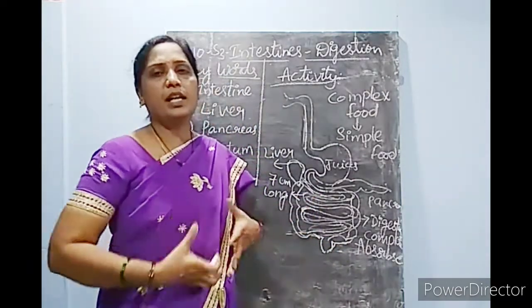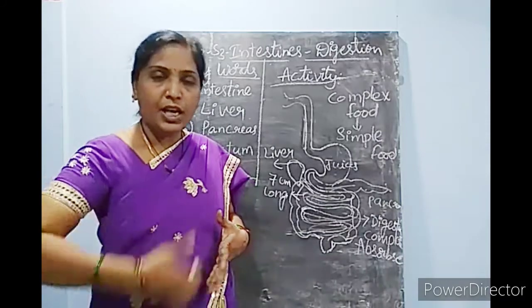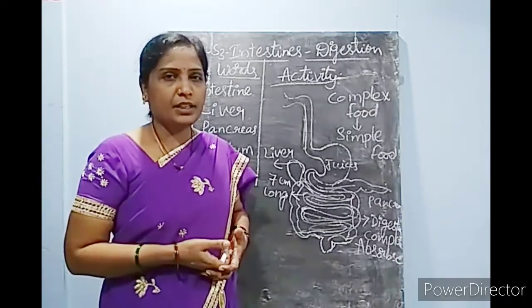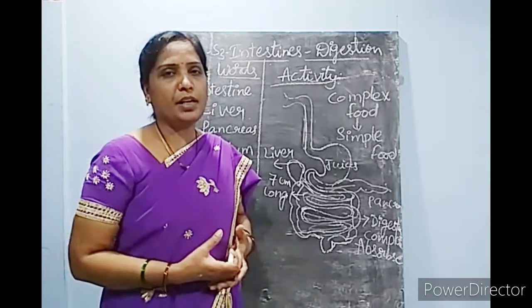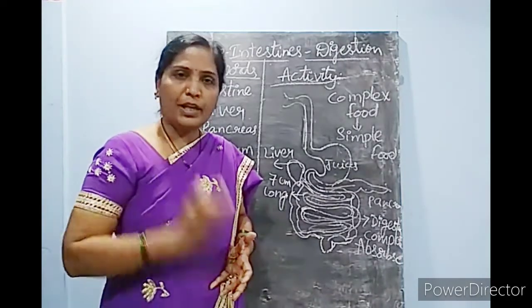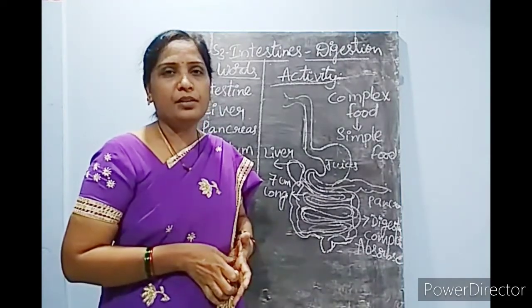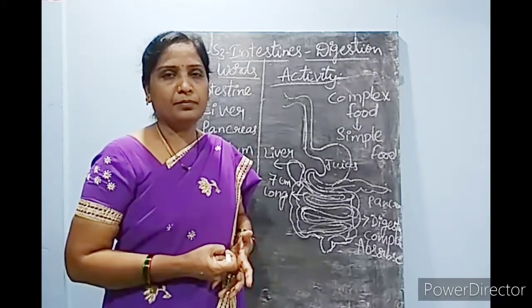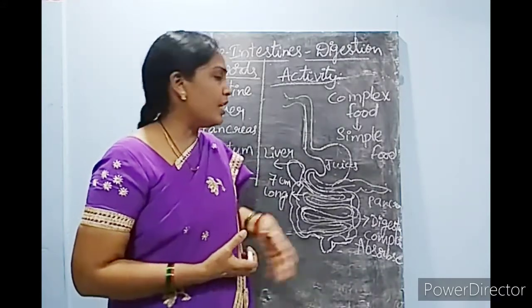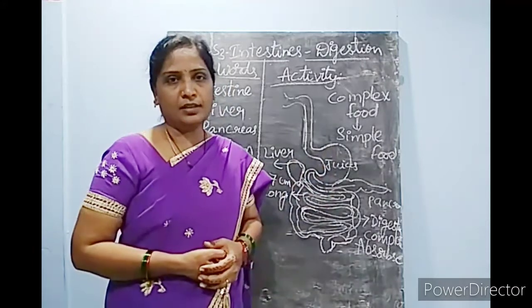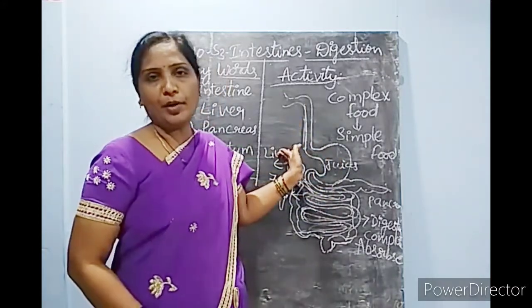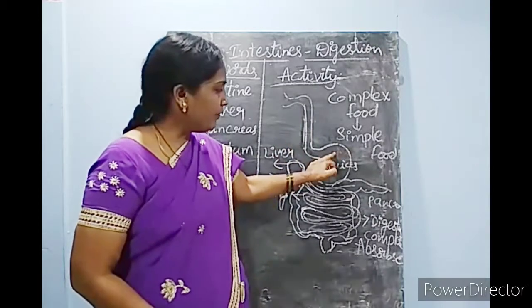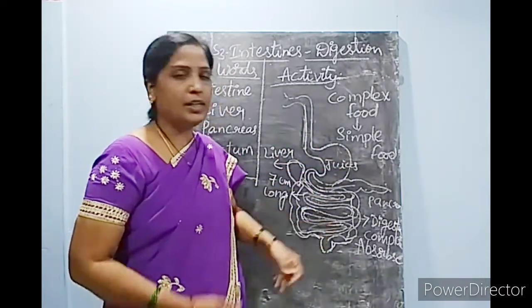Sometimes when food is not digested in your body, you will get vomiting, right? How will that vomiting be? Watery, partially digested food, semi-liquid type. From the stomach only, in reverse, it will come; that is vomiting. Actually from the stomach it has to go to the small intestine.